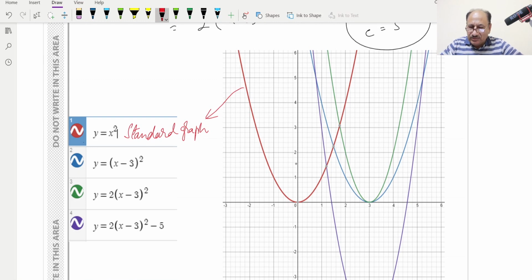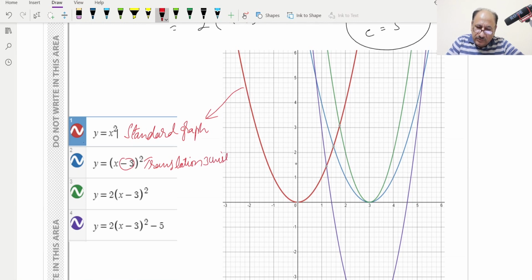So you can see this is at the origin, and now -3. What does this -3 mean? It's a translation to the right. If it is -3, it will be a translation to the right: 3 units right, and if it is +3, it will be 3 units left. So this is a translation 3 units right.